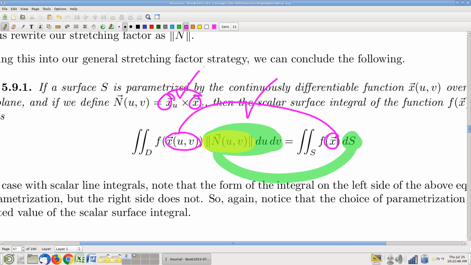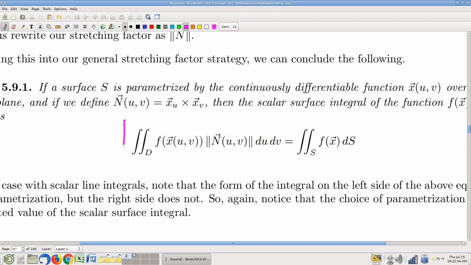So again, everything in this integral on the left comes from the parameterization. And having pulled back through the parameterization, we have an integral that's all in terms of u and v. The pullback domain in the uv plane, double integral, plain old section 5.3 style double integral.